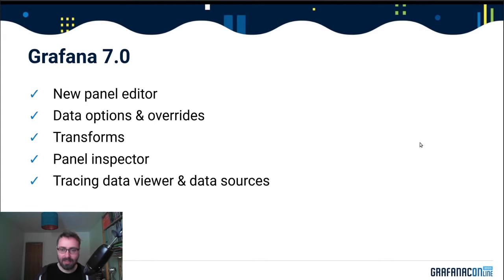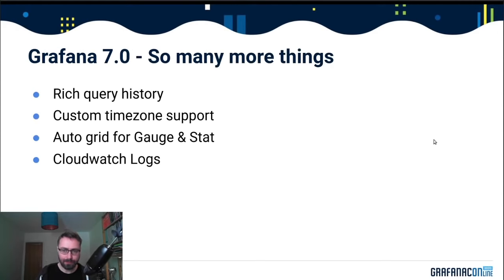Let's take a look at some more things in Grafana 7.0. This talk hasn't been covering everything that we've done. There's a lot more to show and demo and talk about in the coming weeks. One big thing that I didn't demo here is full support for CloudWatch logs in the Explore view.